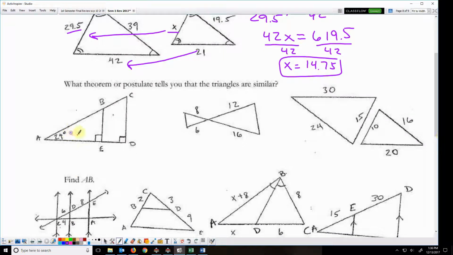Okay, name a theorem or postulate that tells you these are similar triangles. There's a congruent angle. It's two right angles, and they share an angle, so it's a reflexive. So since they have a pair of congruent angles here and here, these are similar by angle, angle similarity.